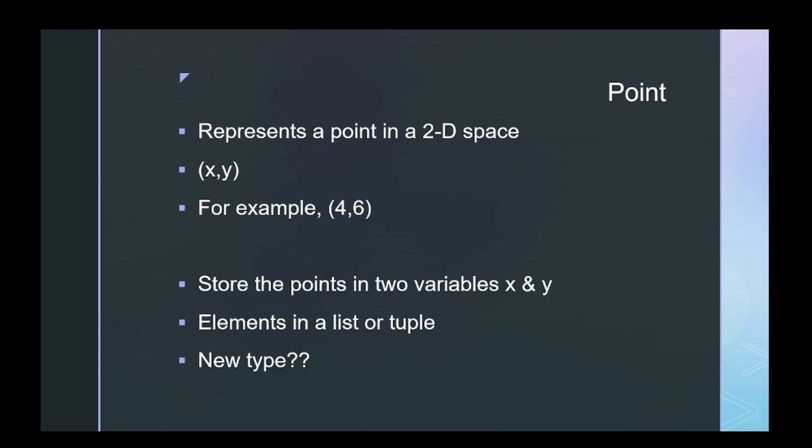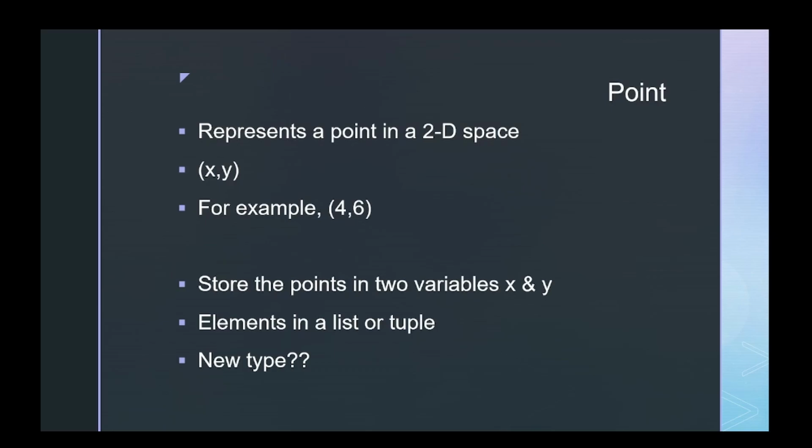Let's take a much easier example than the human example. If I create a point in space, let's think about 2D space. Say we go back to math, and you're on an XY grid, and you create a point. That point is identified by its XY coordinates. For example, I can say a point is at 4, 6.